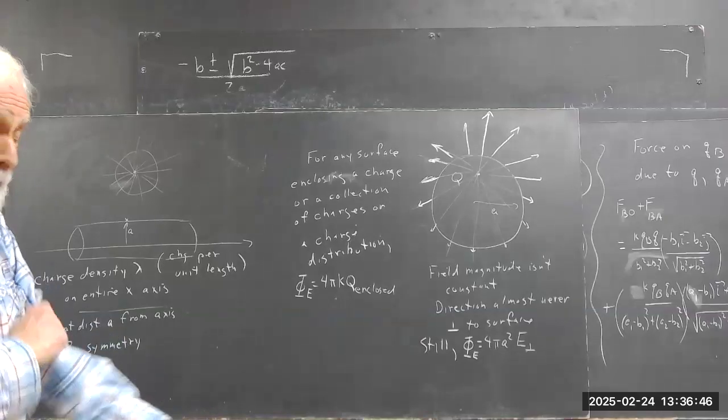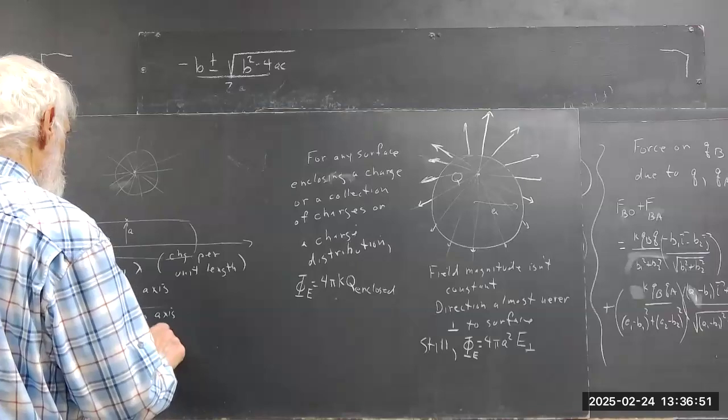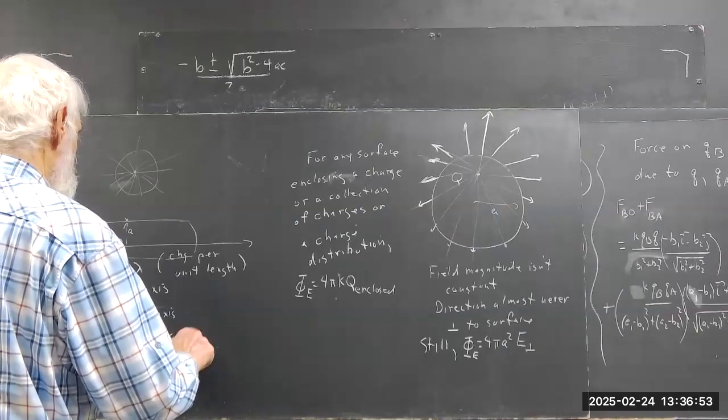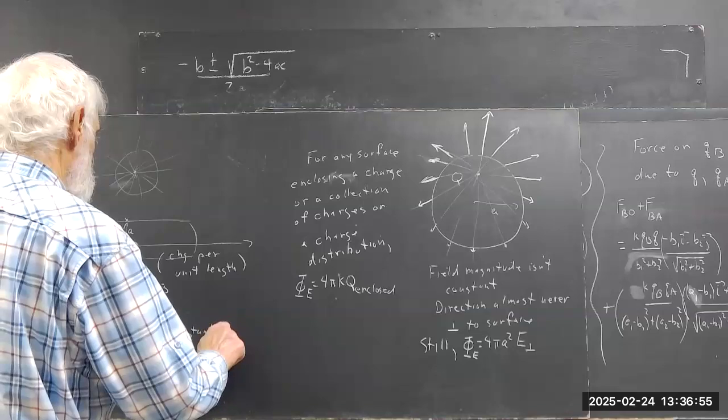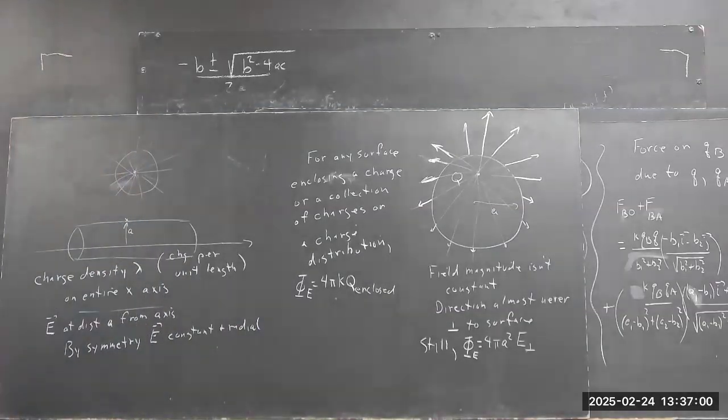So because of symmetry, I say that E is constant and radial.